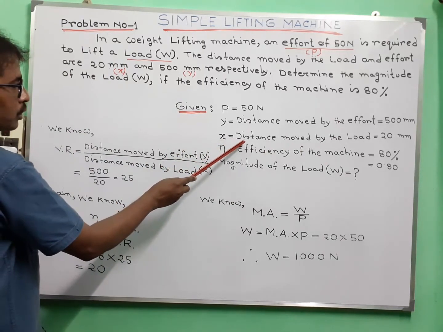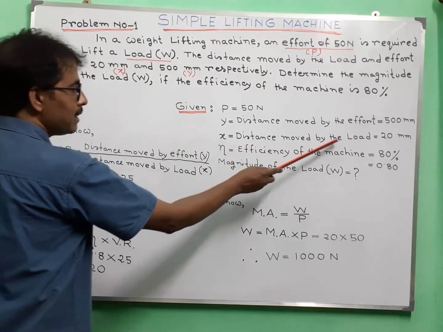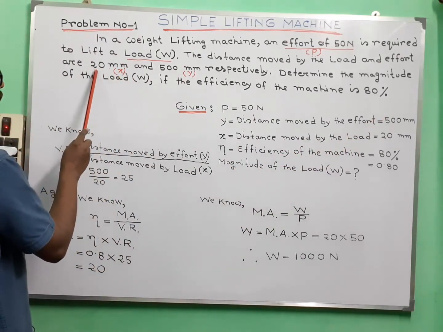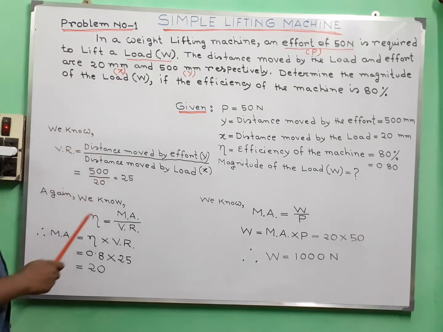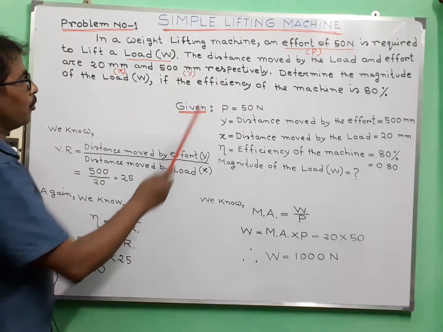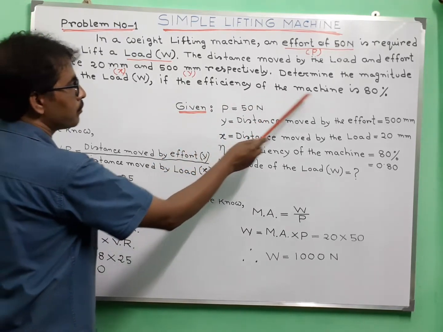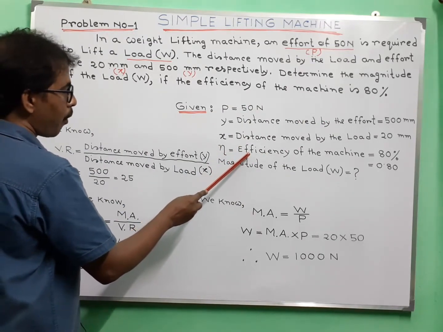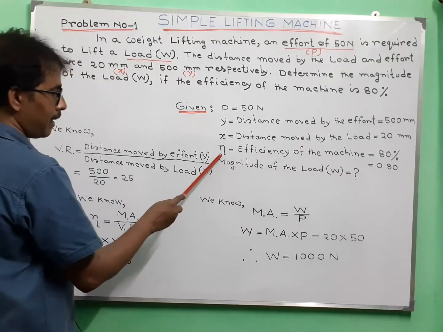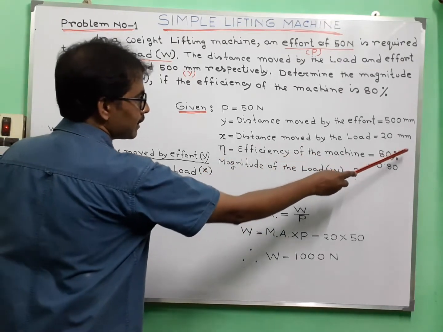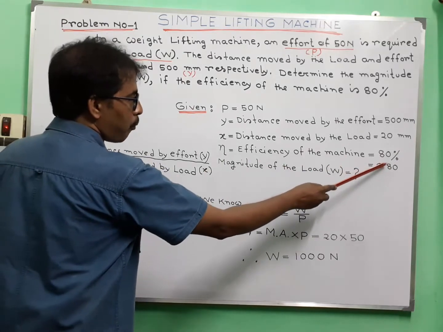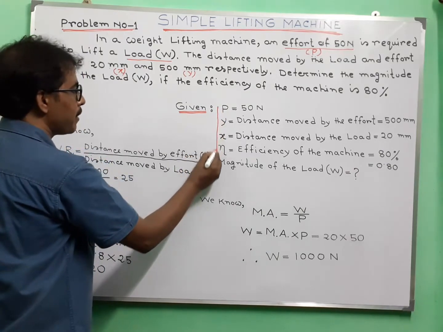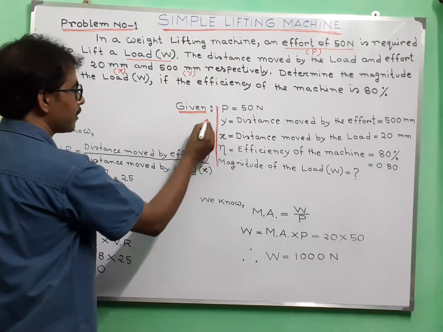X equal to distance moved by the load equal to 20 millimeter. Efficiency of the machine eta equal to 80%, 80% means 0.80. This portion is given.